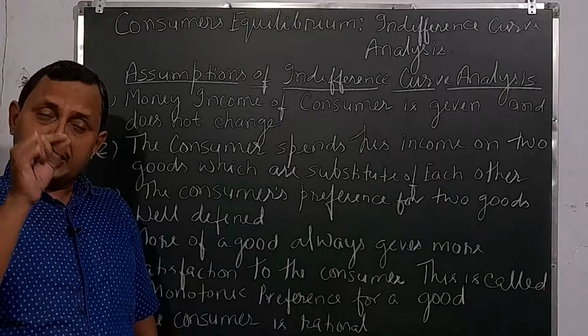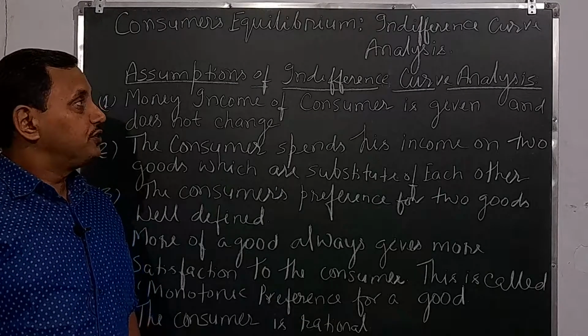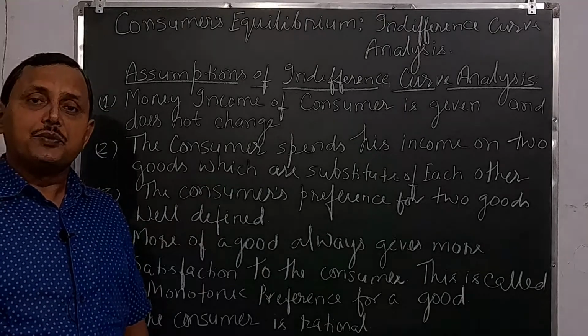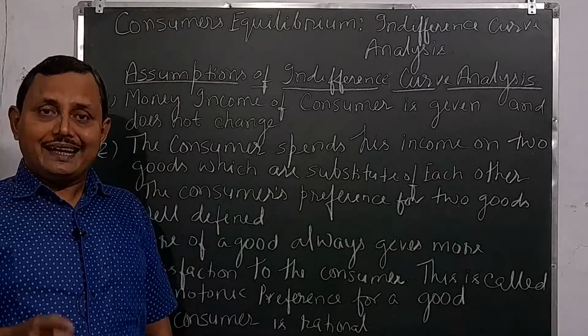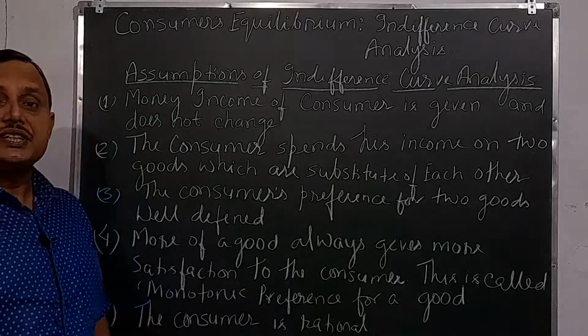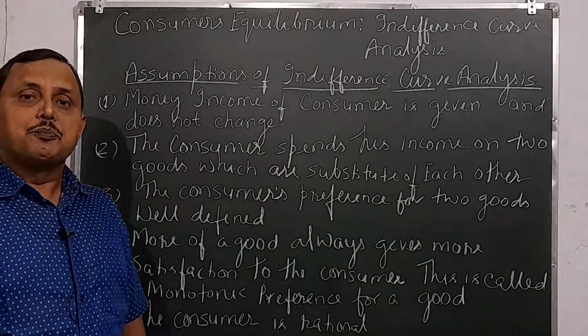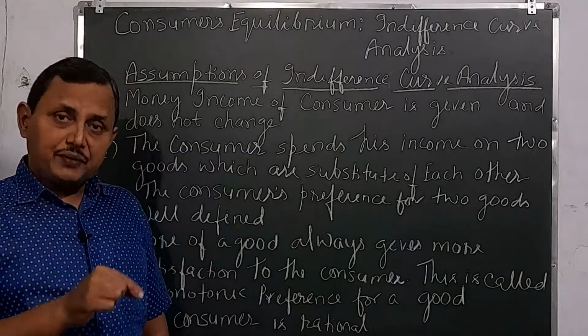Economists like Marshall say that utility derived from consumption of goods and services can be measured in numbers like 1, 2, 3, 4. But another group of economists like Hicks say that utility cannot be measured in numbers. Consumer can only express his preference.